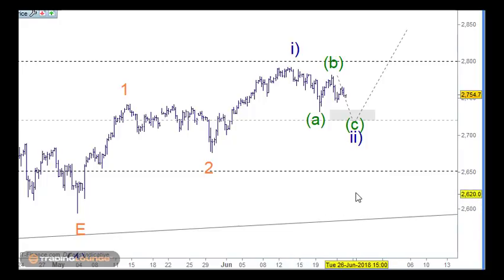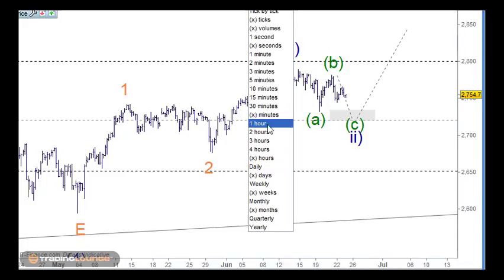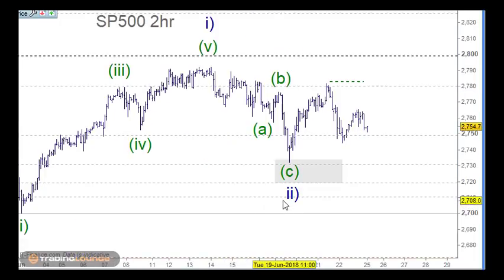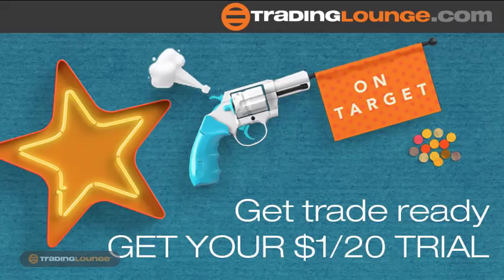The other point to be made is that I might just go into the 2-hour chart here for this bullish count. For this bullish count, it's possible to have this here as an A, a B and a C wave at the 50% mark here.